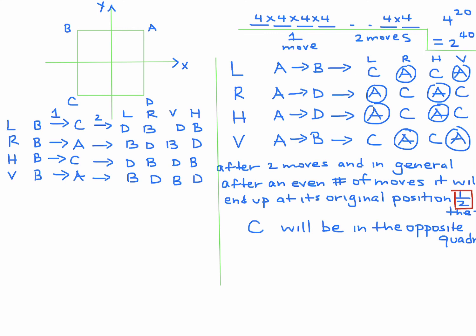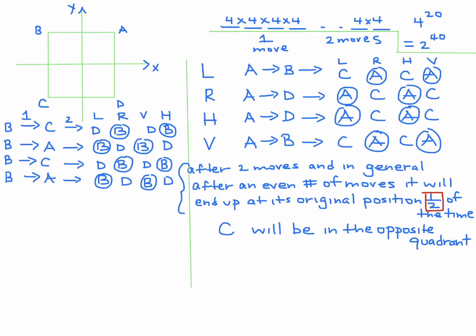So what did I show here? Exact same thing, that after 2 moves you end up at the same position half the time. There's 16 possible positions as I've listed, and 8 of them are B's. So just like I wrote here, after 2 moves, and in general after an even number of moves, it will end up at its original position 1/2 of the time.